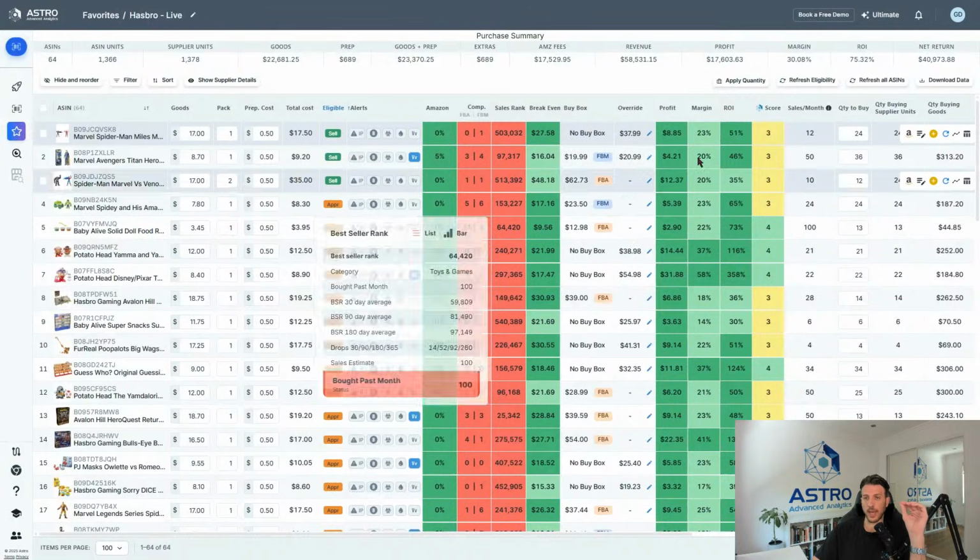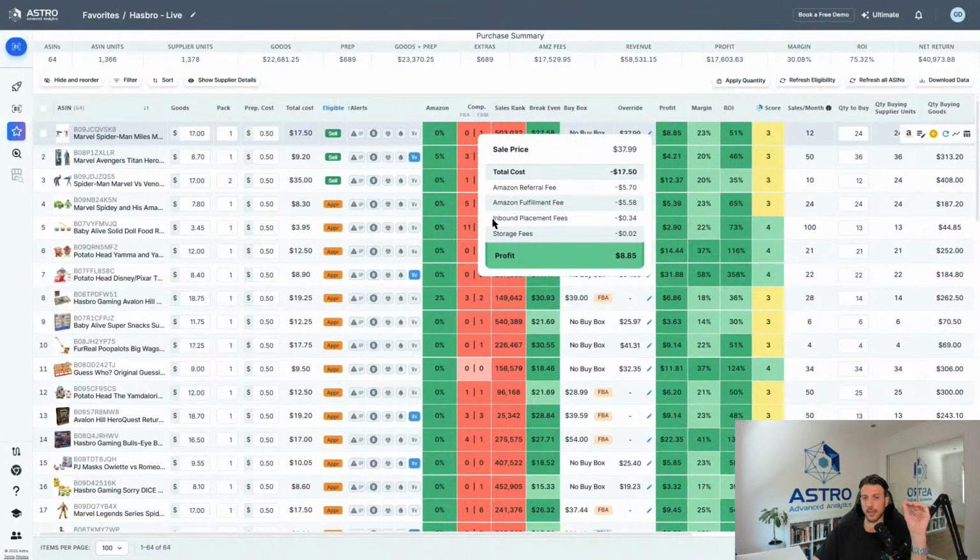So you can see this on Astro, which is a scanner, and you get the inbound placement fee appear right there. So that's fine. So the inbound placement fee will show you the extra fees that are needed to ship the product from the prep center to Amazon. So that's something to keep in mind.